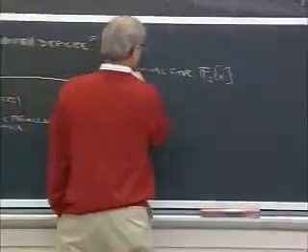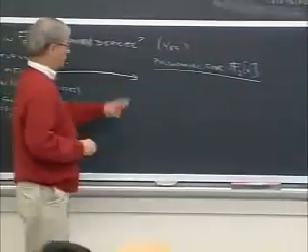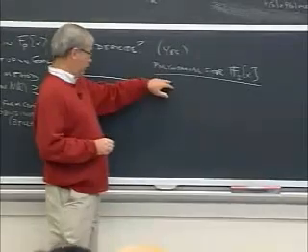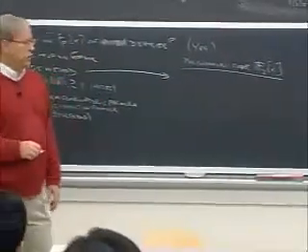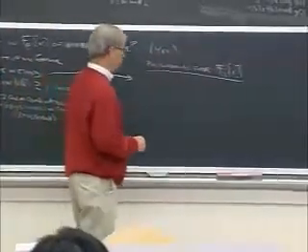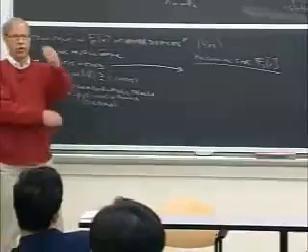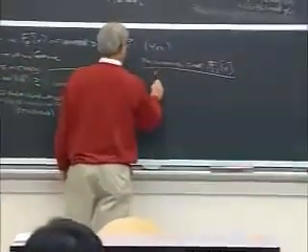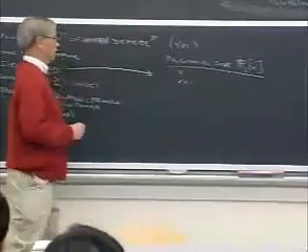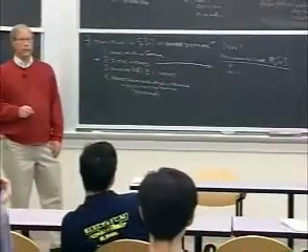And how do we do it? Let's forget about 0 and 1. Those are not considered to be primes. Let's start with the degree 1 polynomials. What are the degree 1 polynomials? They're x and x plus 1. Are these factorizable?